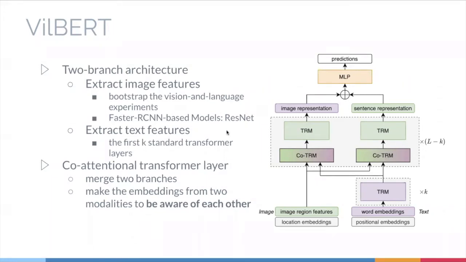Normally we use a Faster R-CNN-based model to extract the image features. Another branch extracts text features with the first several standard transformer layers. The co-attentional transformer layer merges the two branches and makes the embeddings from the two modalities aware of each other.